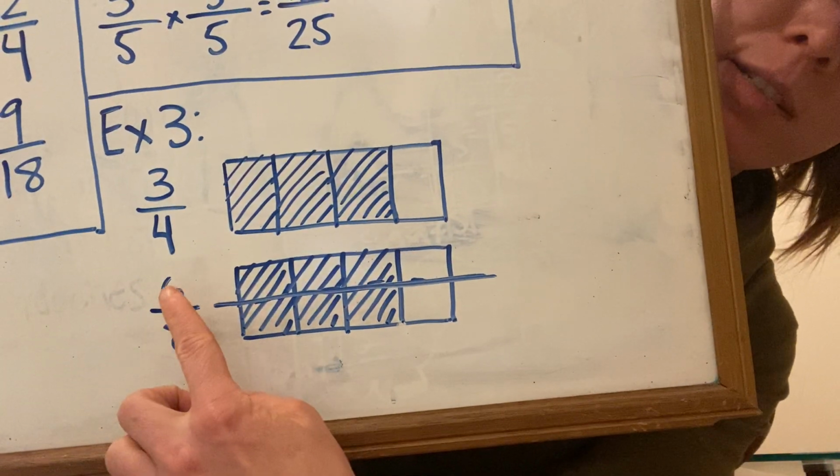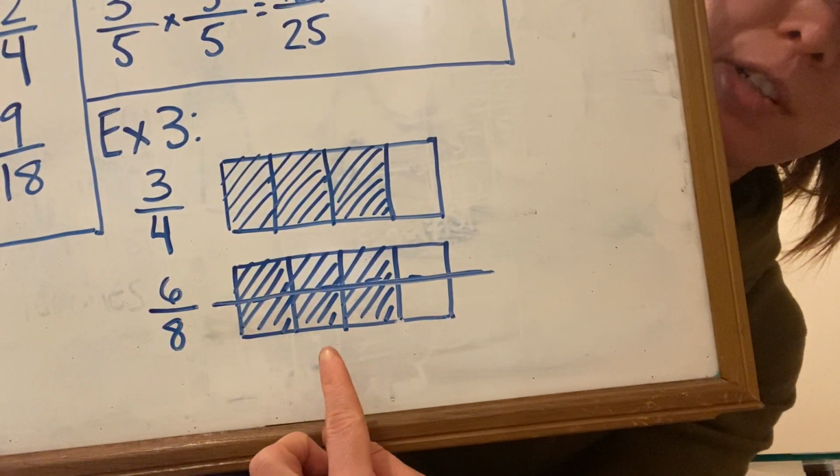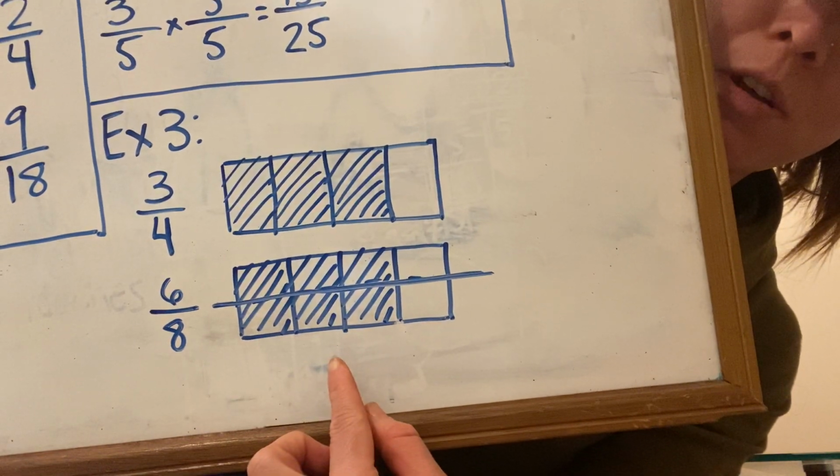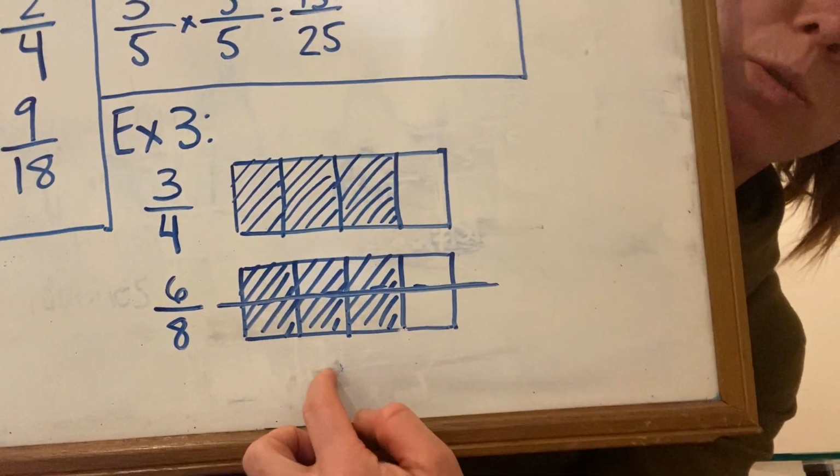So you see that 6 is the numerator because there are 6 parts shaded, and 8 is the new denominator because there are 8 parts total. So this is another way that you can write equivalent fractions, if you just do the model method, cut in half, okay? So I'm gonna leave it there.